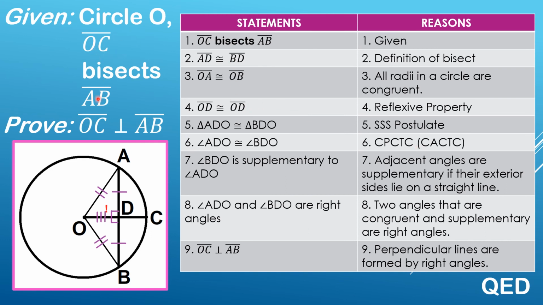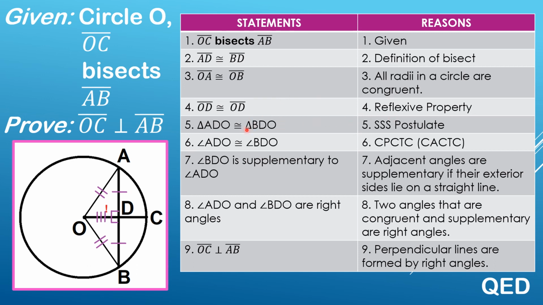Let's start with what we are given. Line segment OC bisects line segment AB, given, and the consequence is line segment AD is congruent to line segment BD by the definition of bisect. And by construction, line segment OA and line segment OB are congruent because all radii in a circle are congruent.